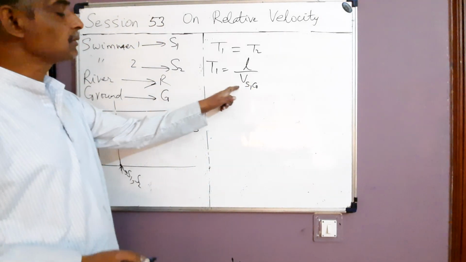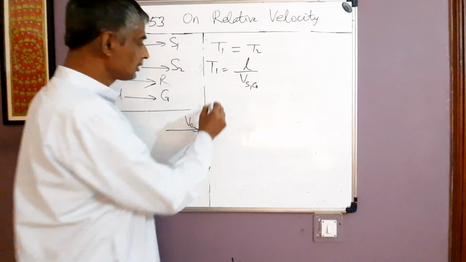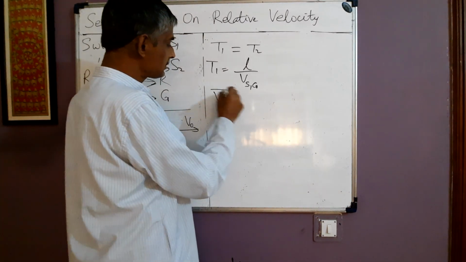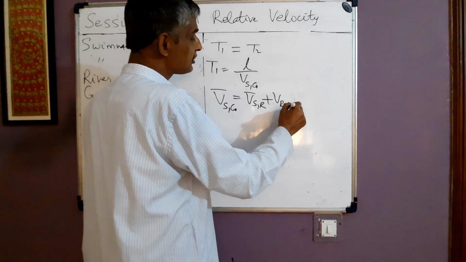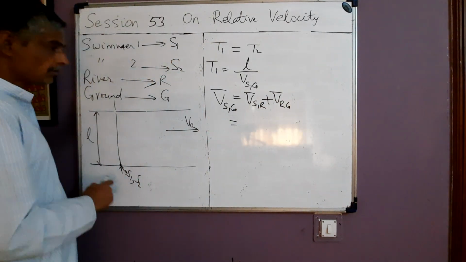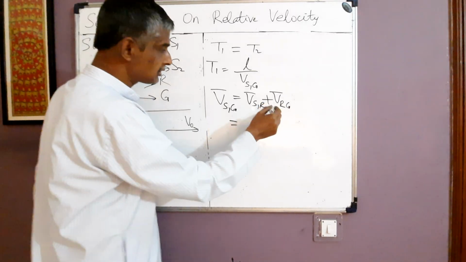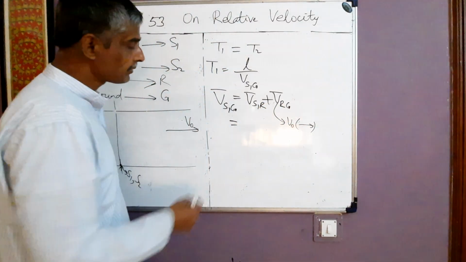Now to find T1, we must know Vs1g. To find Vs1g, we write down the vector equation: Vs1g equals Vs1r plus Vrg. Now Vrg we know, it is given as V0 eastward.